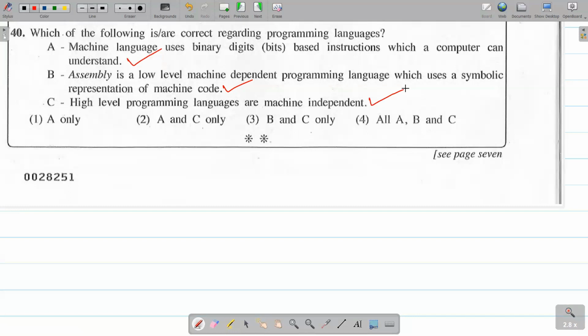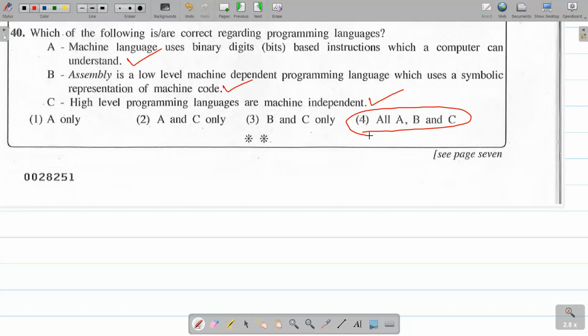So you have programs like Pascal, Java, Python kind of things. Those are machine independent. So you can write it on one particular machine and you can run it on a different particular machine. Right. So everything is correct. So take the fourth one as the answer for the fourth question.